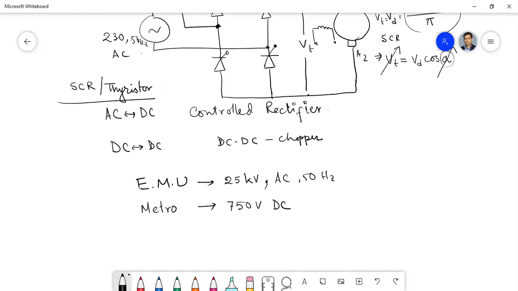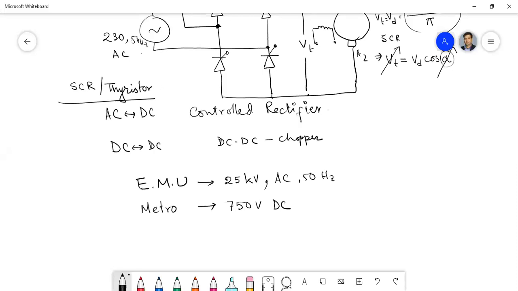And remember, for both these trains, EMU and metro railways, we use DC series motors only. Till today we are using only DC series motors. Again I will discuss the relative advantages and disadvantages later; I already discussed the applications in the last class.